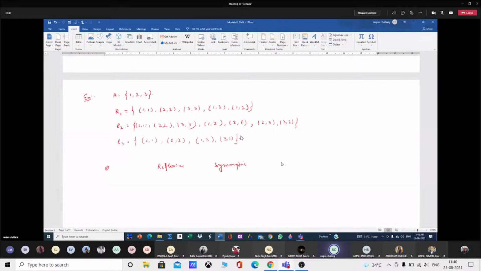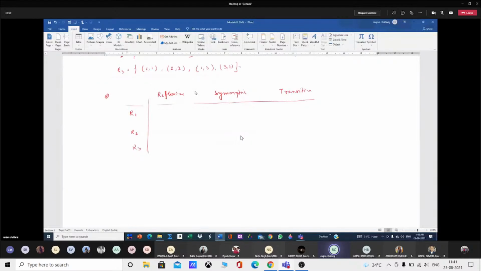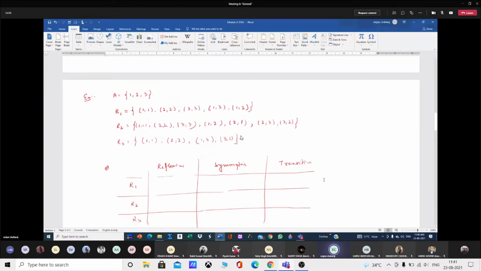And these are R1, R2 and R3. So which is the first one? Now everybody just see what the answer is. What about this R1?